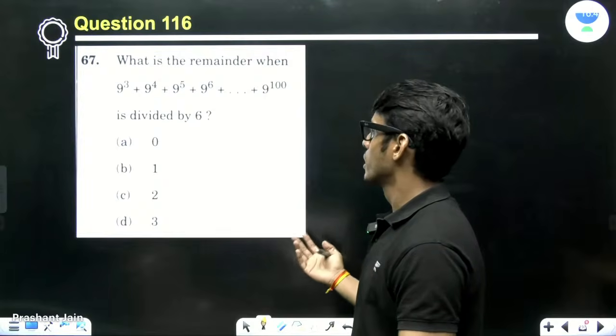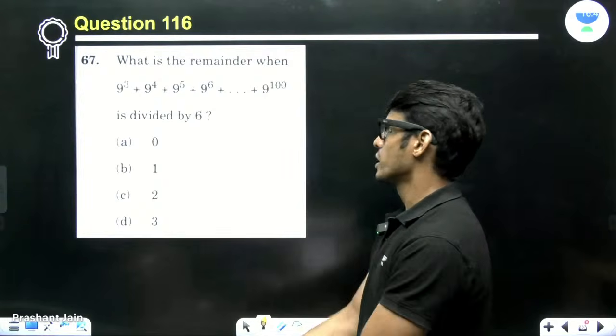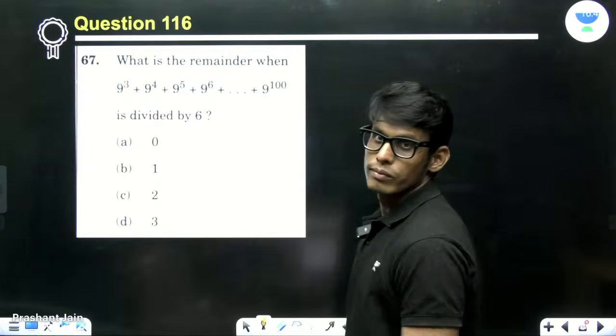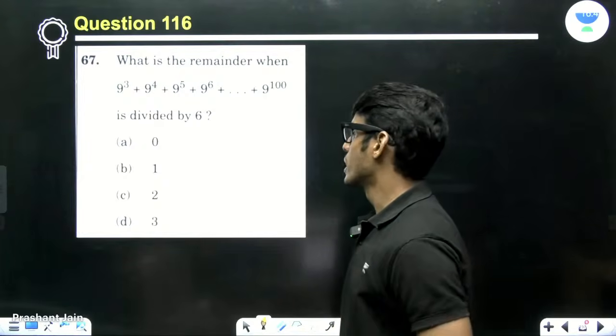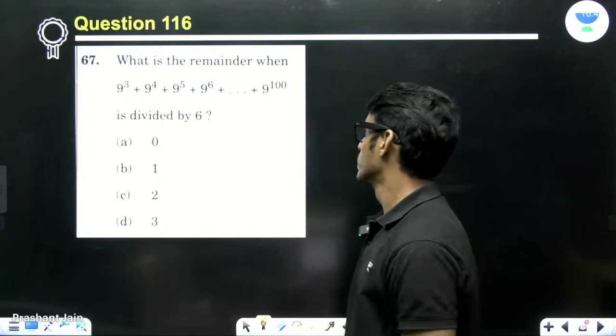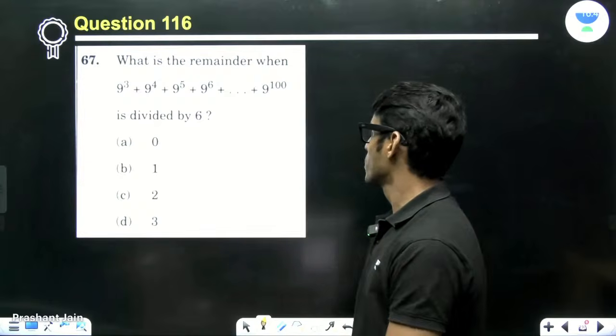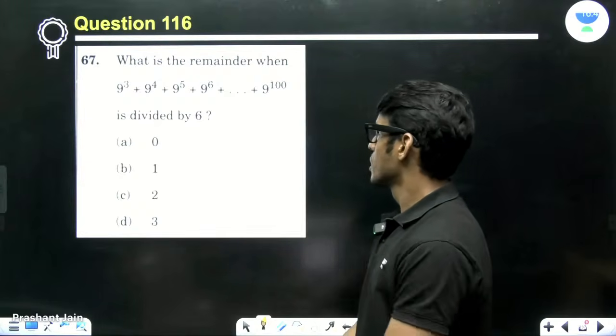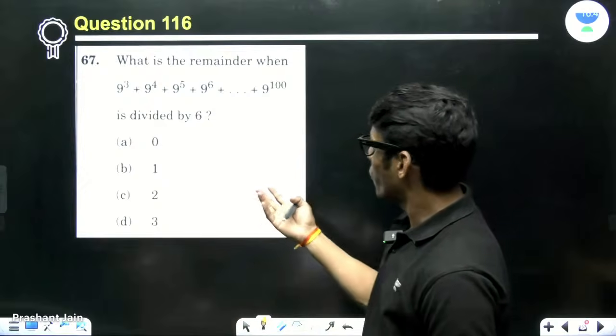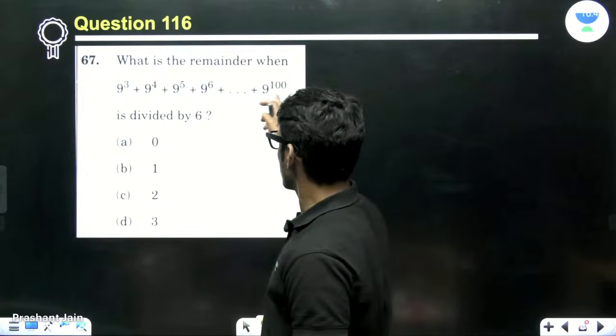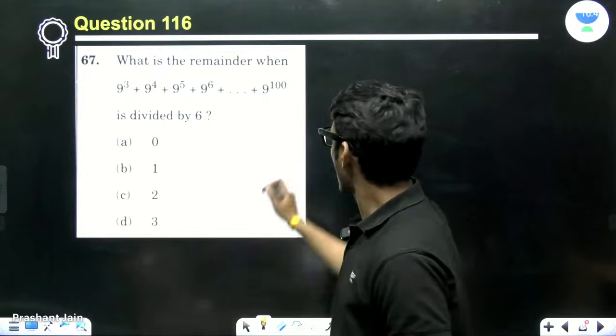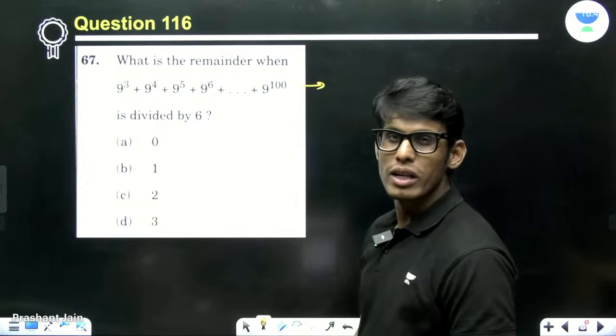What is the remainder when this is divided by 6? How many numbers are these? Obviously, this whole number is divisible by 3. How many numbers are there?